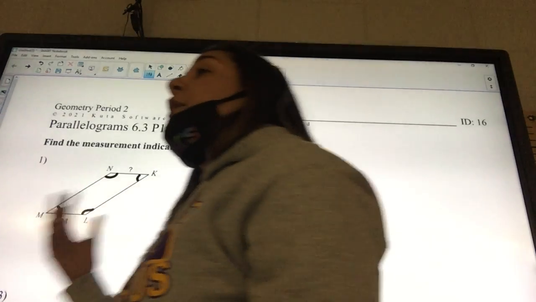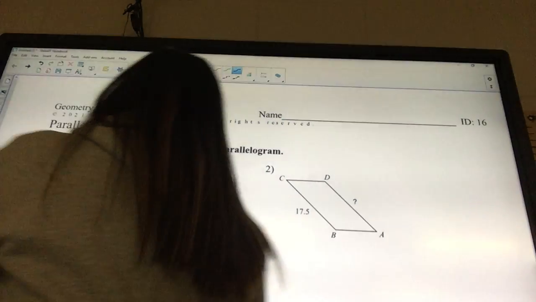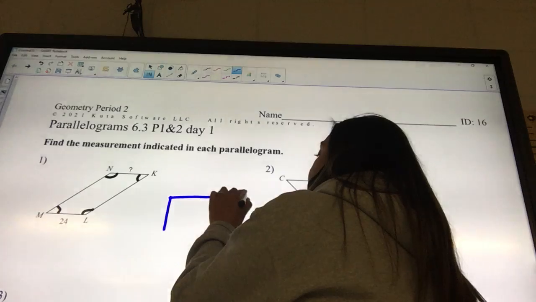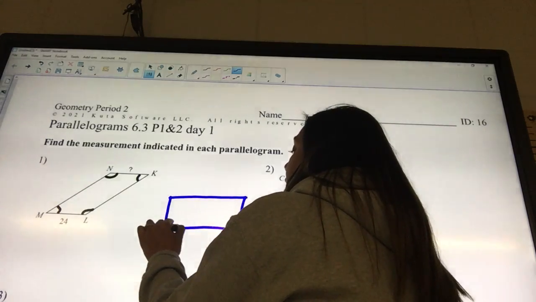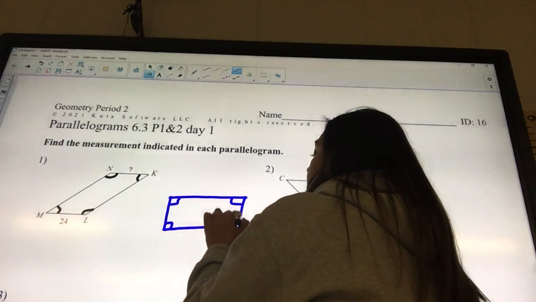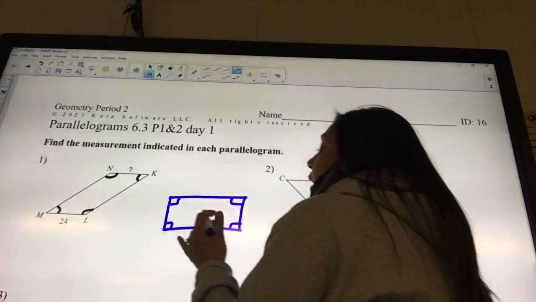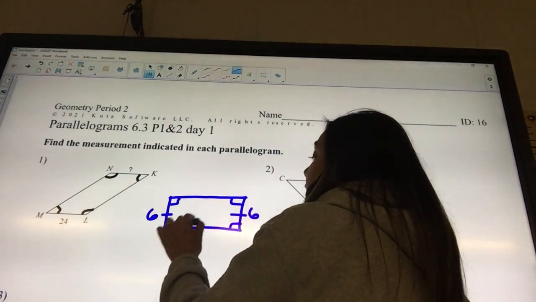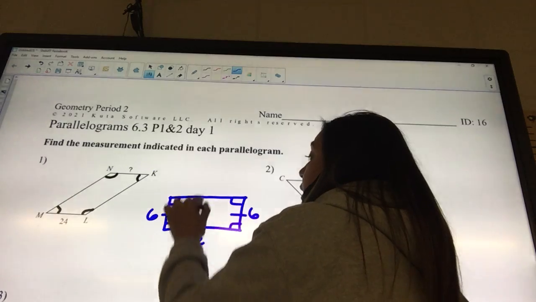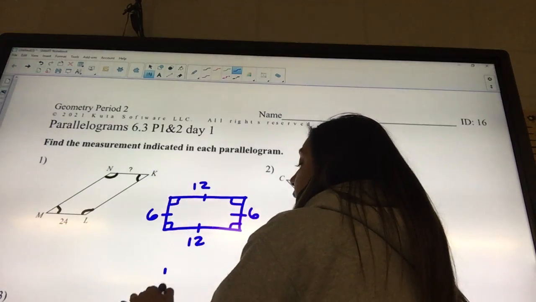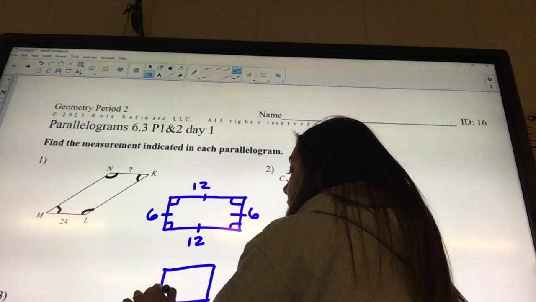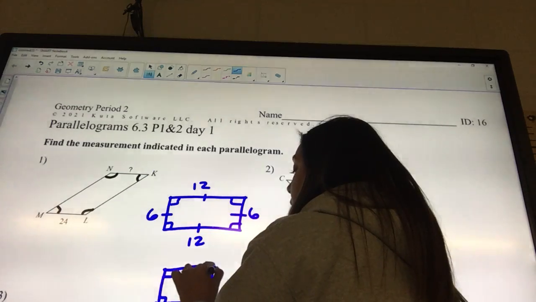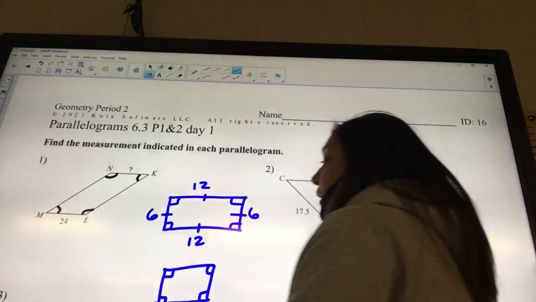However, if you think about a rectangle, it has all 90-degree angles on the inside, but if this one is 6, then this one has to be 6, and if the longer side is 12, the other longer side is 12. What makes something a square is that it also has four right angles, but what are a square's sides?